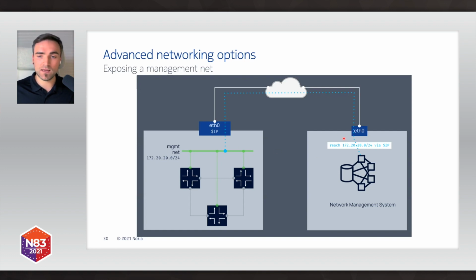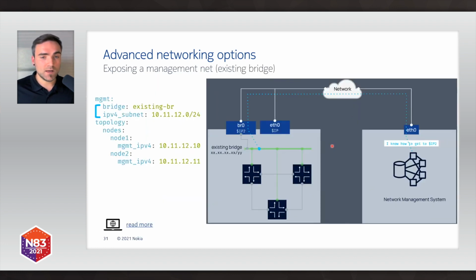But of course, you need to be able to configure the route on the machine that hosts your NMS. There are ways to have the same kind of connectivity without touching the routing stack on that machine.